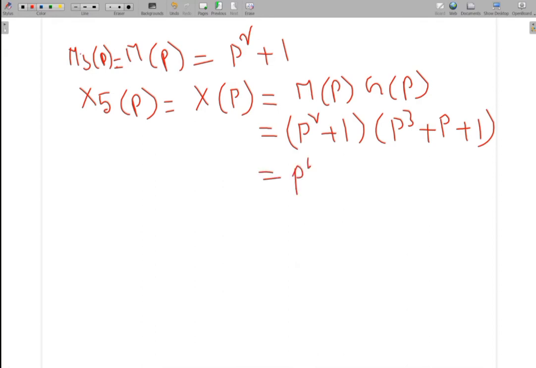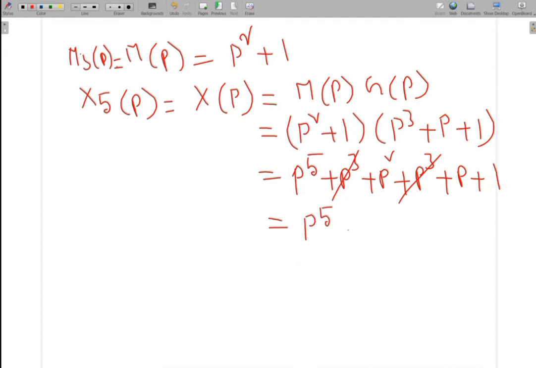That is equal to P power 5 plus P cube plus P square plus P cube plus P plus 1. P cube cancel, therefore both are same. P power 5 plus P square plus P plus 1. This is the X of P polynomial.